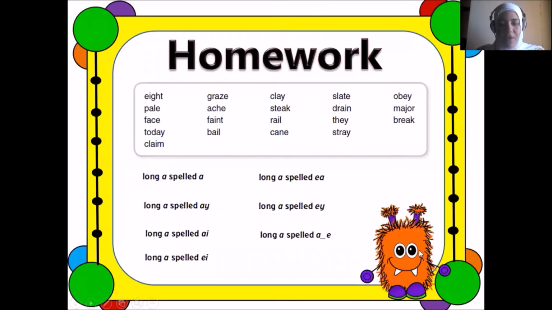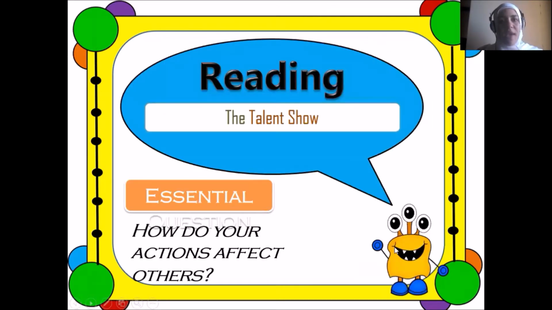So we have finished the phonics part. Now we can move to the reading comprehension part. Our story this time is titled The Talent Show. But before we start with our story, there is an essential question that we have to discuss. How do your actions affect others? When we say actions, we mean the things that you do. How do they affect yourself and even affect others?